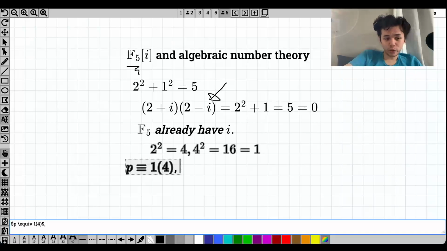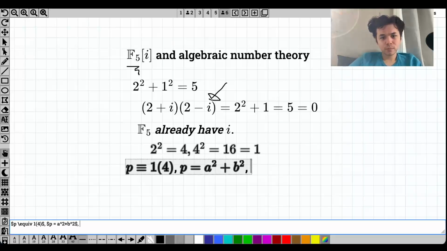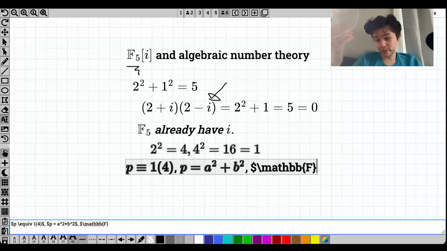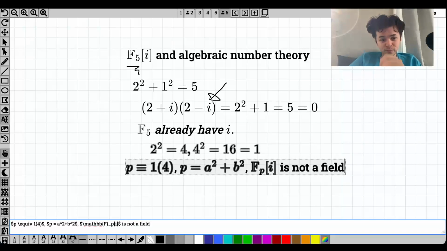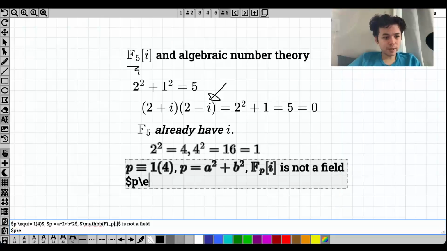turn out to be true. One, p is equal to a squared plus b squared. So p is the sum of squares. That's an interesting number theory fact, algebraic number theory. And F_p of i is not a field.